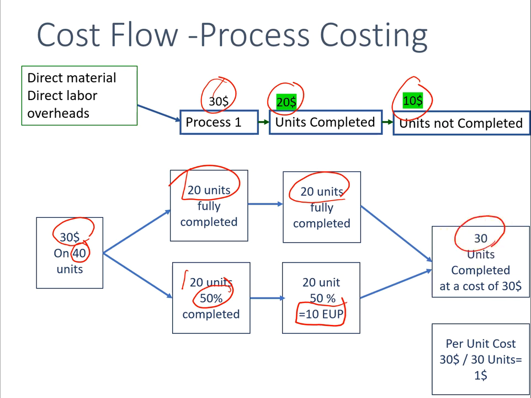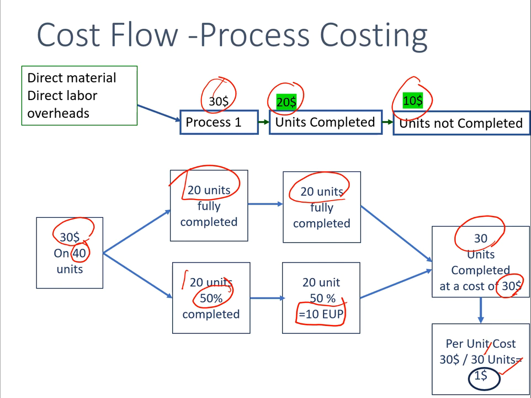So the equivalent units you worked on today are 30 units, which is 20 units completed 100% and 20 units 50% completed, and you spent $30. So what is your per unit cost of EUP? You take $30 divided by 30 units, you will get $1 per unit of EUP.